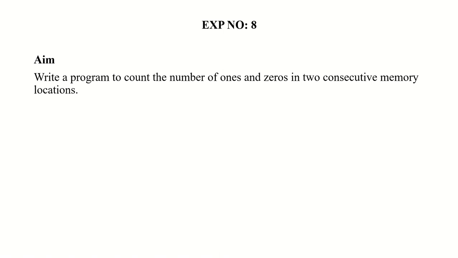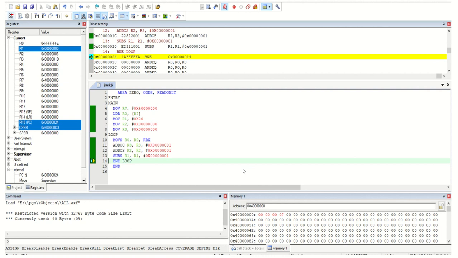That count we have to find out by using low level language. Here, in 2 consecutive memory locations, we will see that program. I considered one program to find the number of zeros and ones.